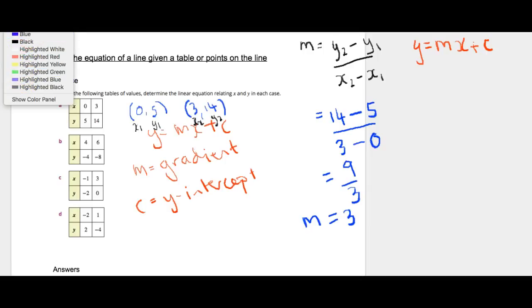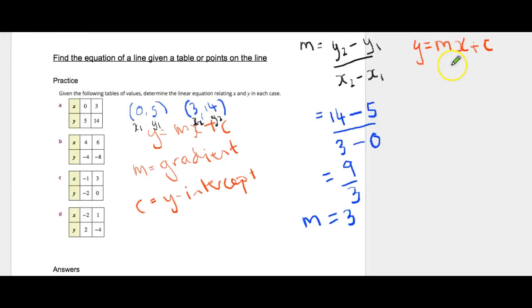Alright, so in this equation we have x and y. Now x and y can be any point on the line. So we've got 2 points, so I can substitute in either (0, 5) or I can substitute in (3, 14). I'm going to choose (0, 5) just because it's easier.